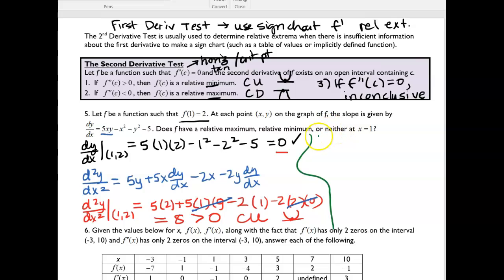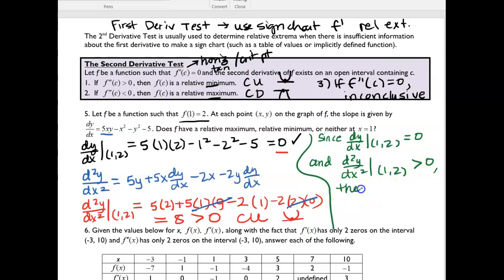So we're going to say since the first derivative at 1, 2 is 0, and the second derivative at 1, 2 is greater than 0, then f has a relative min at x equals 1.